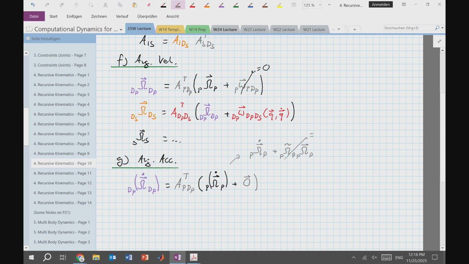And that term back here is equal to 0. So because of that, it would be actually correct to write omega dot dp without the parentheses.